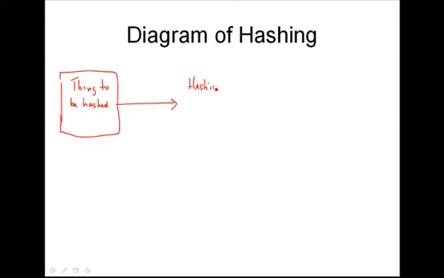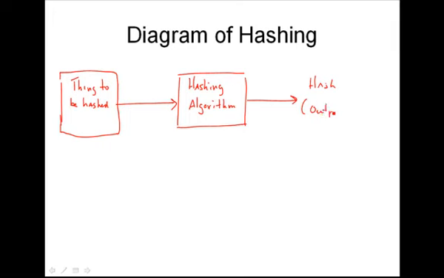An algorithm is a procedure. It's often mathematical. So we feed our input into the algorithm, and what we get out is a hash. So this is the output of the hashing algorithm.